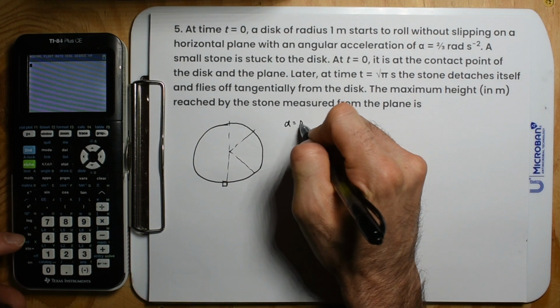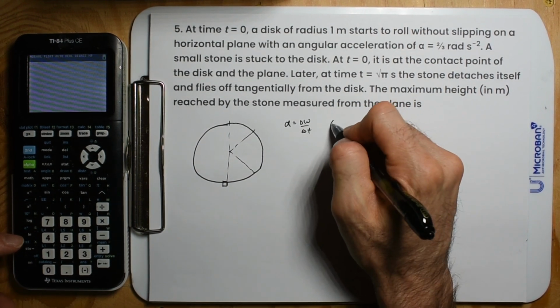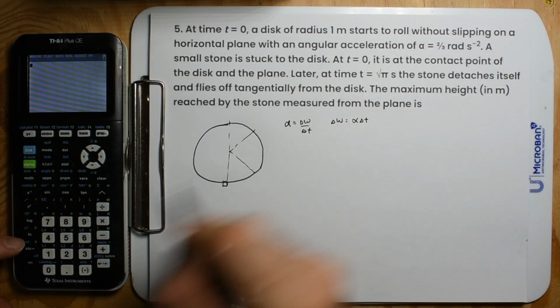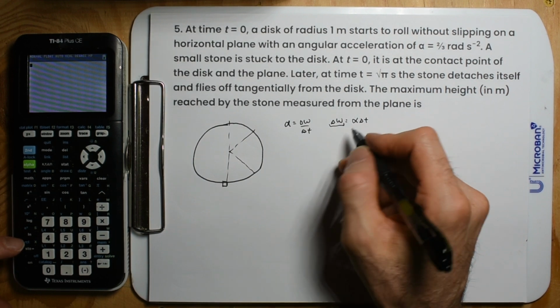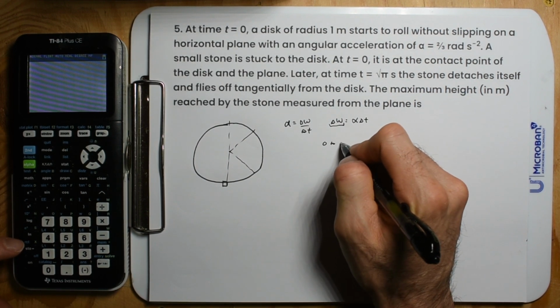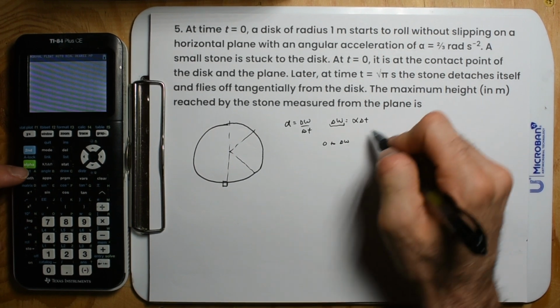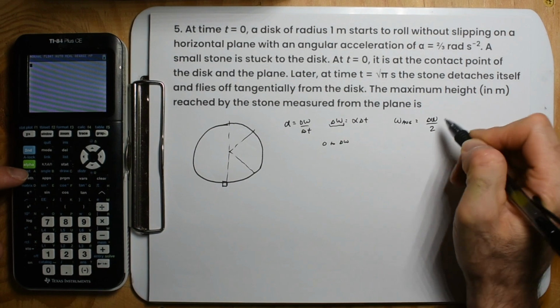Again, alpha equals change in omega over change in t. We can rearrange this. This is the equation. We want to find change in omega, that's alpha times change in t. And once we find the change in omega, we're going to go from 0 to change in omega. So our average speed, omega average, is change in omega divided by 2.